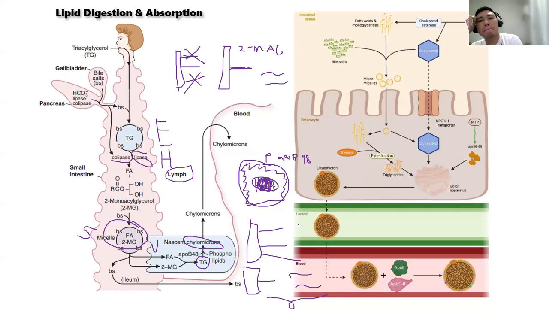Okay? And yung destination nila is your adipose tissue, di ba? Your muscle. Okay? So, ang purpose, bakit natin ginawang triacylglycerol ulit is to have maximal hydrophobicity or nonpolarity para mapunta siya sa center, para matago siya dun, para hindi siya ma-detach. Okay?